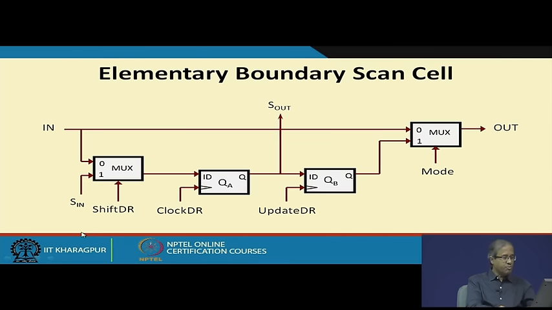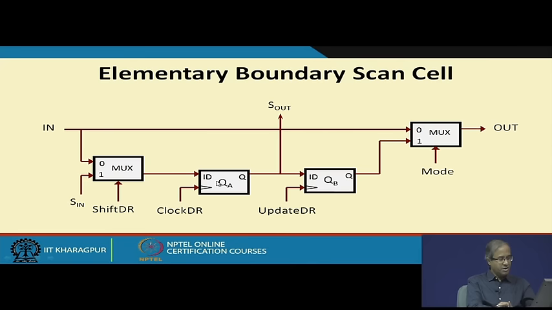There is also a mode in which from S in you can move it to out. So, from bottom to right there also is a path, but there are 2 flip flops as you can see. One flip flop is used for shifting, other flip flop is used for actually capturing, because while this shifting is going on, you should ensure sometimes that data here is not changing.